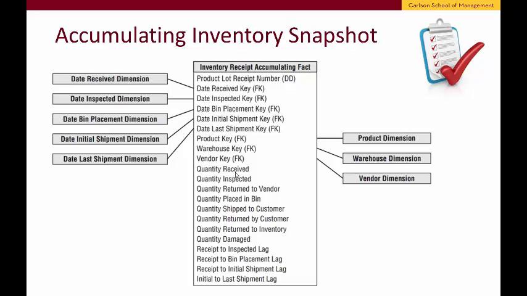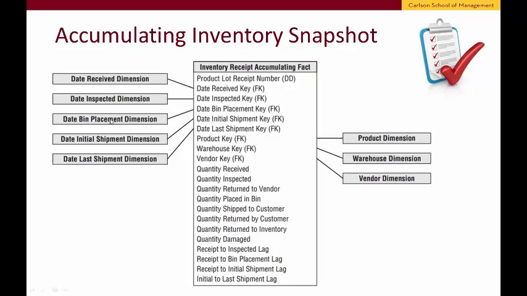This is followed by the inspection date right here, quantity inspected, quantity rejected and then returned to vendor, and the difference between the date inspected and date received, also known as receipt to inspected lag.